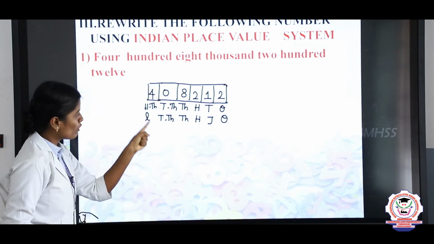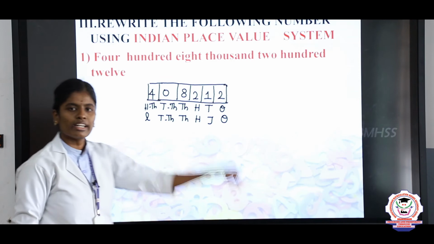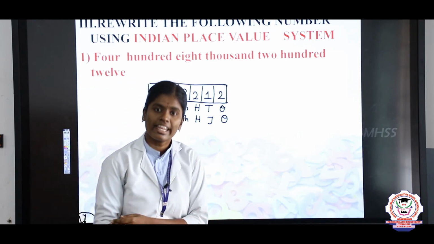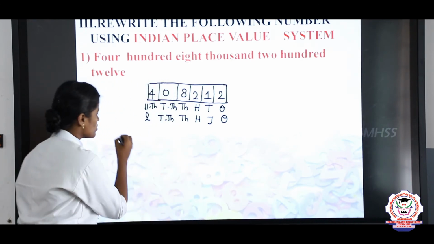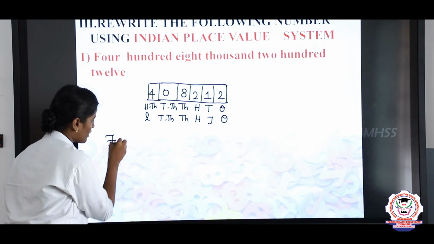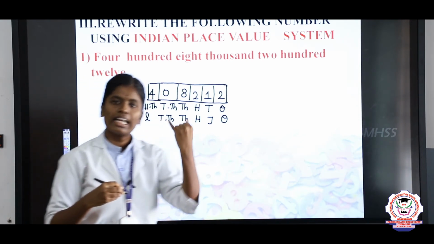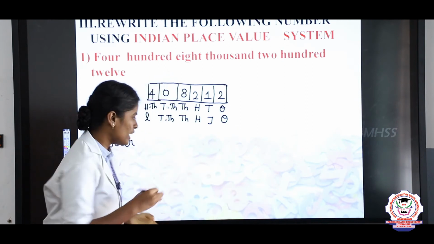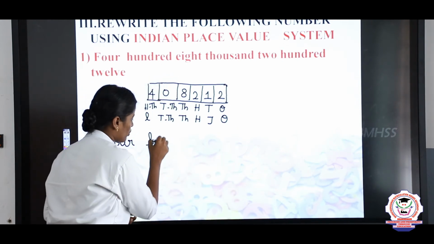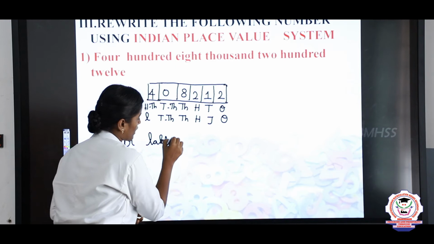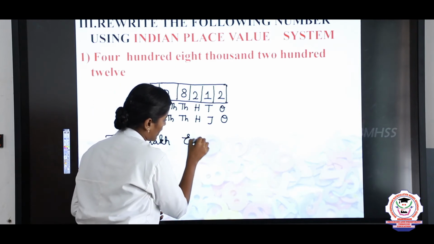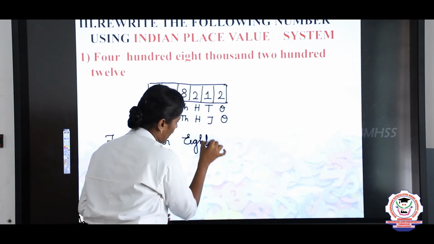Listen, 4,08,212. So write 4 lakh, F-O-U-R, 4. What is the spelling of lakh? L-A-K-H. 4 lakh, 8,000: E-I-G-H-T, 8,000.